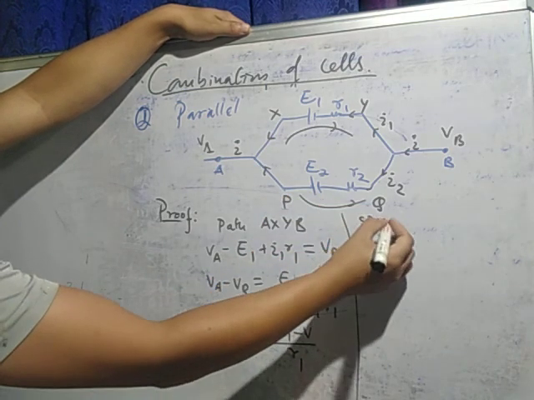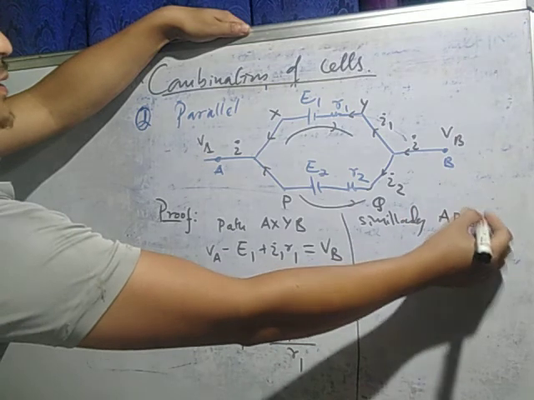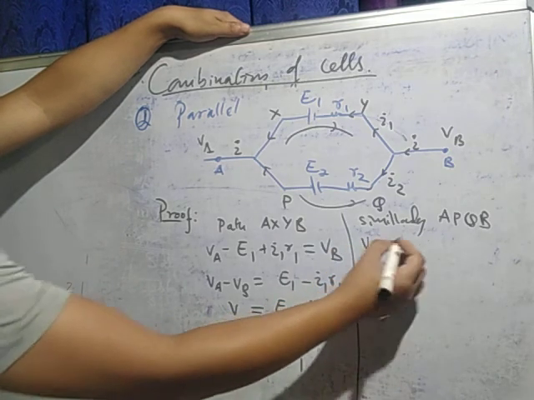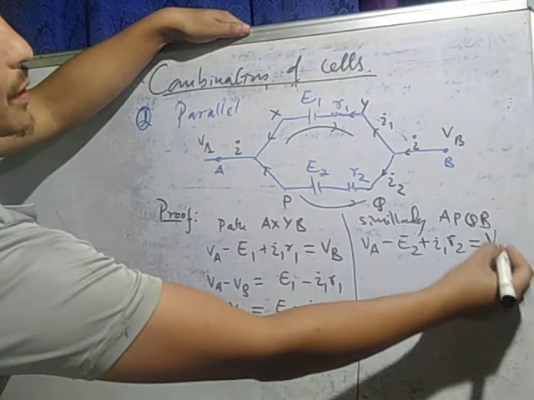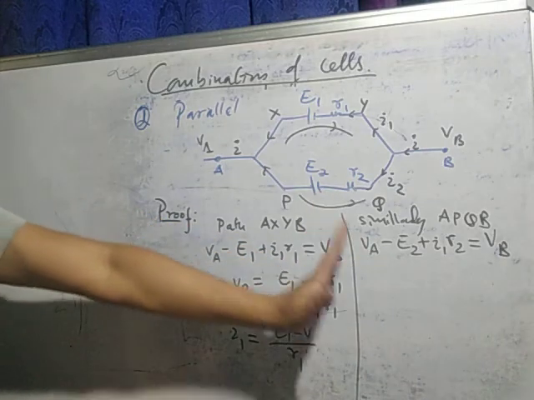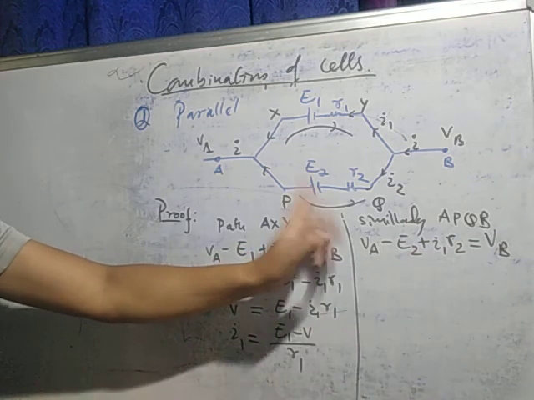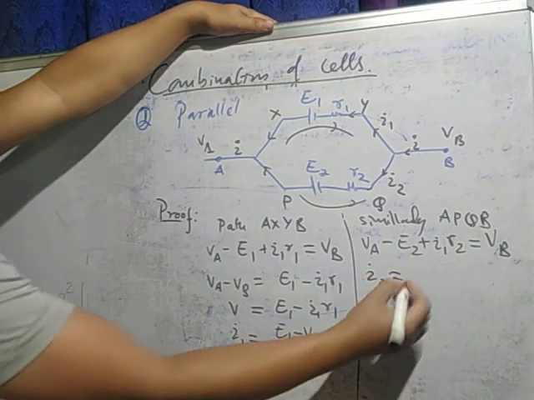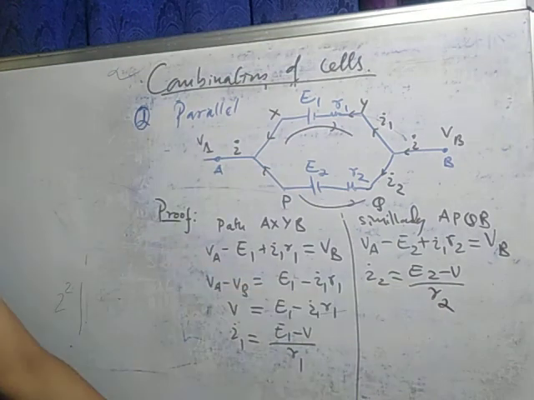So similarly, what I'll get if I take path A, P, Q, B. Okay. So how much I'll get? VA minus E2, this is I opposite, so plus I2 R2 equals to VB, right? Same opposite, isn't it? If it feels a bit hard, watch the previous video and you will understand. You have to look at the path: if there is a difference in R, it is plus, and from here it is positive to negative potential drop, so minus. Clear? So VA, do this, and in the end you get I2 equals to how much? E2 minus V by R2, isn't it? Doing this also you get the same. Clear? There are two or three steps.